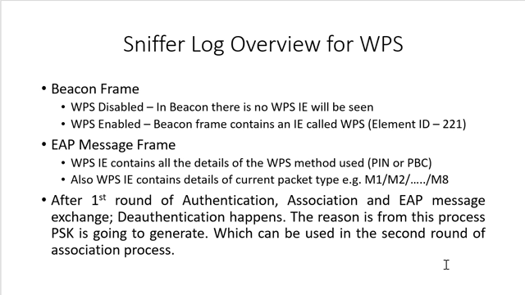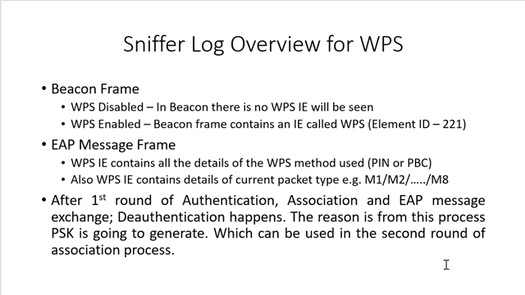If I know correctly, NFC and USB are also deprecated. Both methods are deprecated. Then also this WPS IE contains details of the current packet type, which packet type you are going to exchange, M1 to M8. So all of these are part of the EAP message exchange.